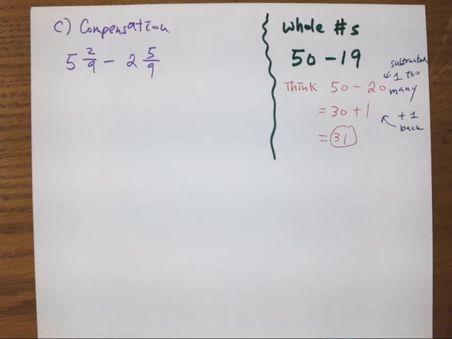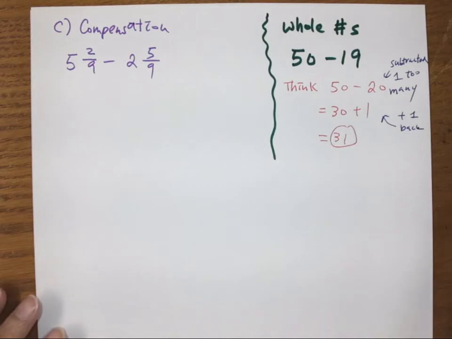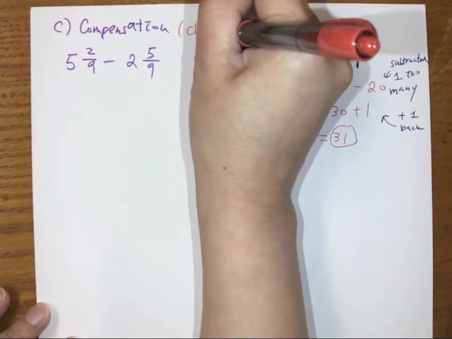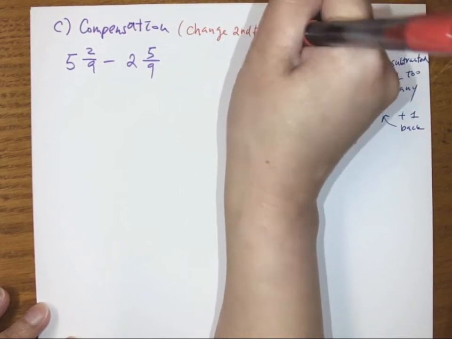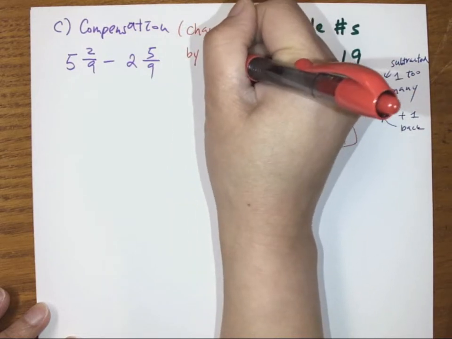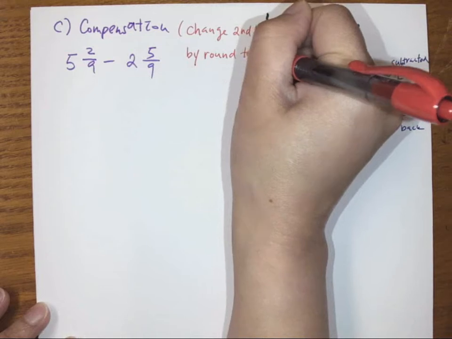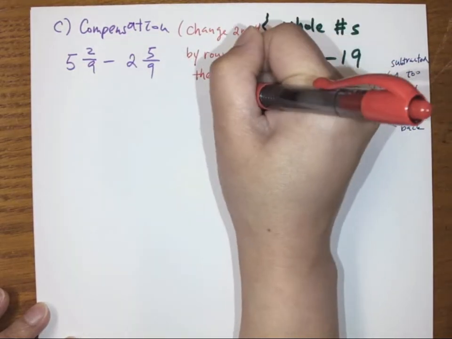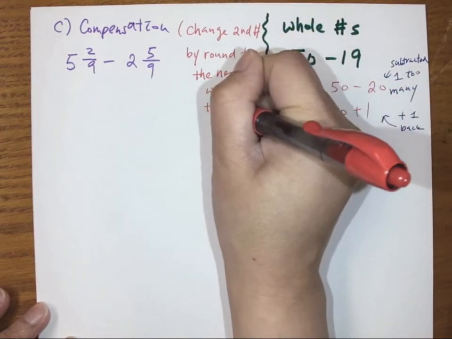So we started with these two mixed fractions, and the key for compensation is you're going to change the second number by rounding it up to the next whole number, then subtract back.